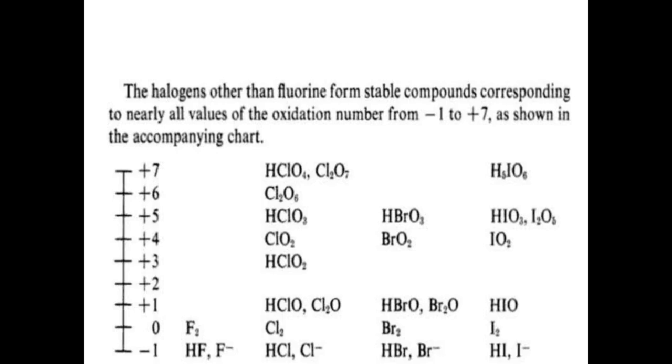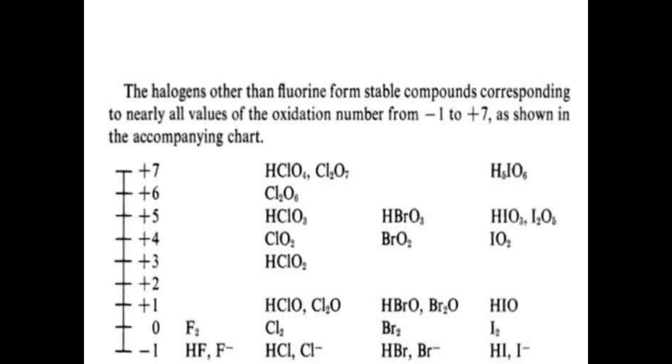And these are the compounds that you have when they are in these oxidation states. For instance, in the +7 state, you could have a tetraoxochlorate(VII) compound, and so on and so forth.